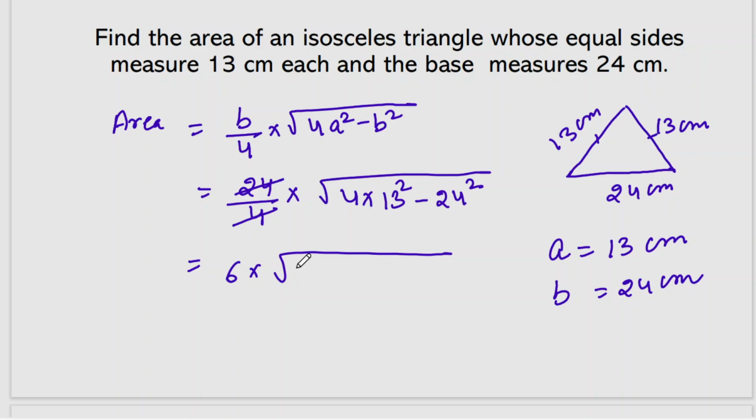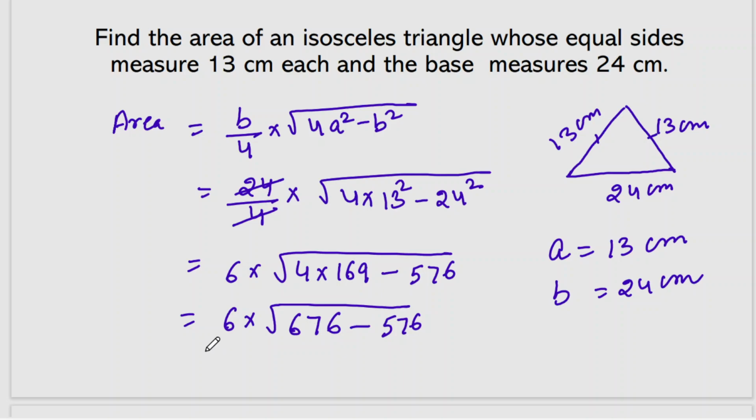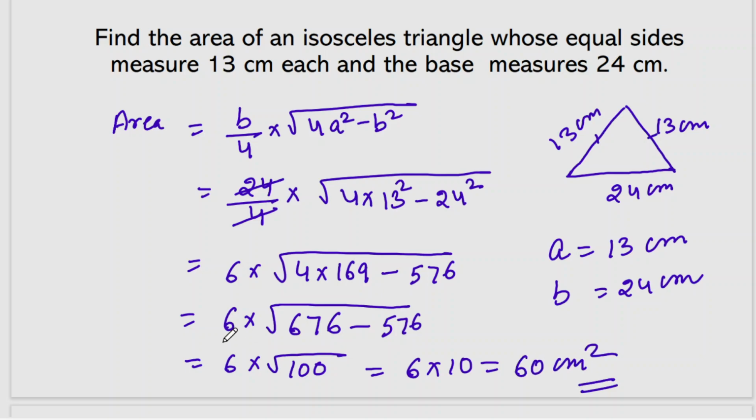See, 4 into 13 square is 4 into 169, minus 24 square, which is 576. So this can be written as 6 into root 100. Now the final answer will be 6 into 10, that is 60 centimeter square. Okay.